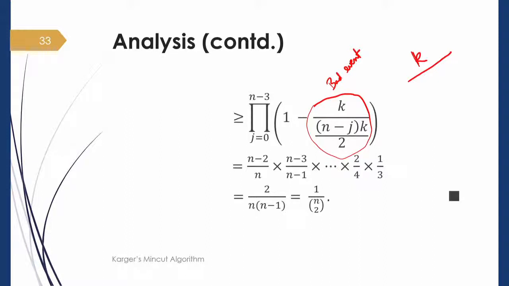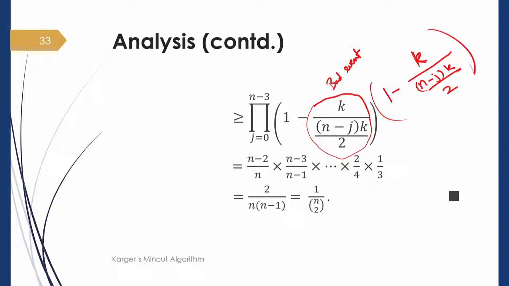So, there are k edges in C star. The total number of edges, and this is for a particular Ej, the total number of edges we have already seen is this quantity. This is the probability of the bad event. Now, we are considering the good event, and therefore, 1 minus that. So what is the good event?